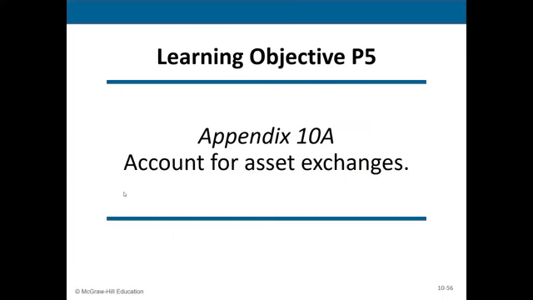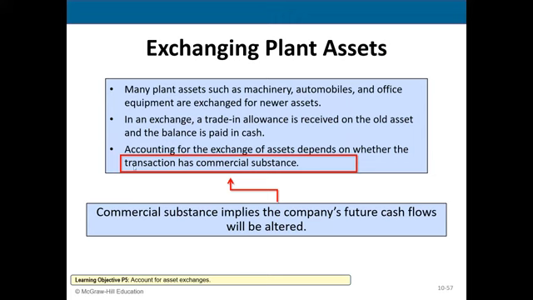So that's the ratio. And then just real quickly for the appendix, one of the things I wanted to mention is you don't have to just pay cash when you purchase an asset. Sometimes you can exchange things, right?